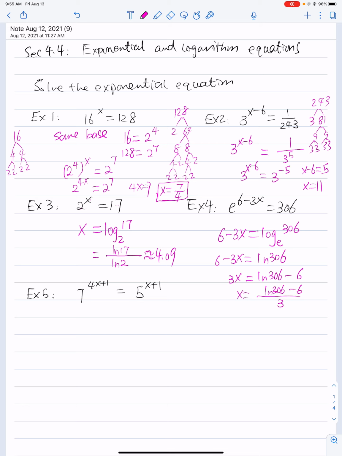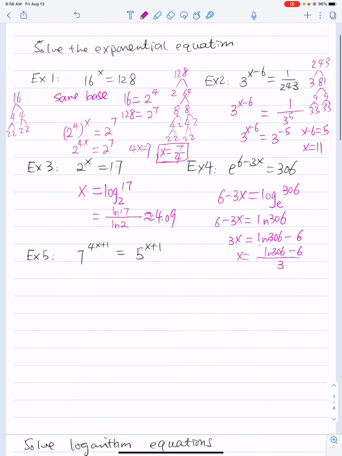What is the common error? Many students combine 306 minus 6 to get 300. No, you cannot combine these two parts together. Just leave it alone, very important, because ln 306 belongs to a logarithm, it's not a separate number.